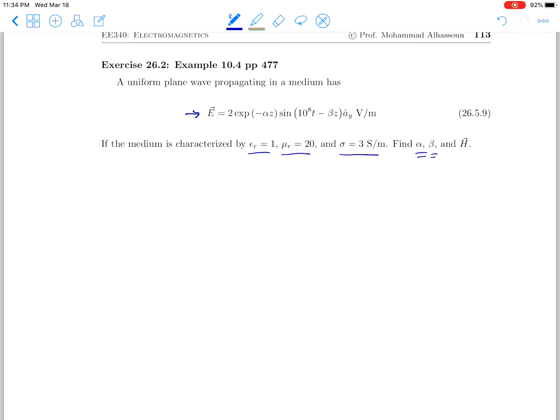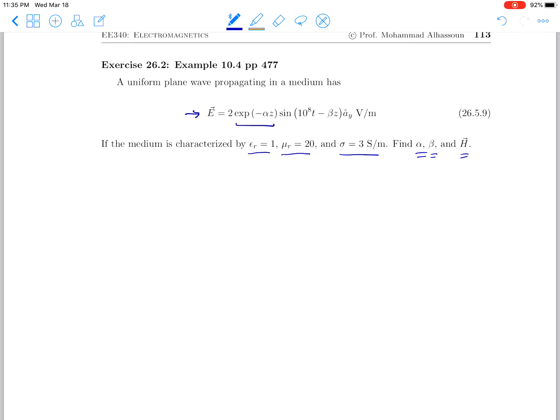So we are asked to find alpha, beta, and H. Before we proceed, we know that the medium is not free space, otherwise sigma should be 0. The other reason is we should not have alpha here. We know also that the medium is not a lossless dielectric, otherwise the conductivity should be 0. Therefore, the medium is either a lossy dielectric or a good conductor.